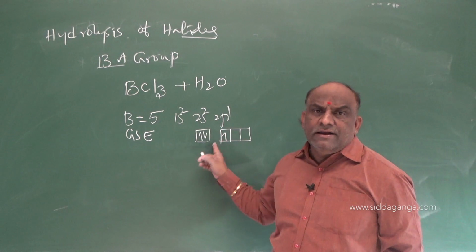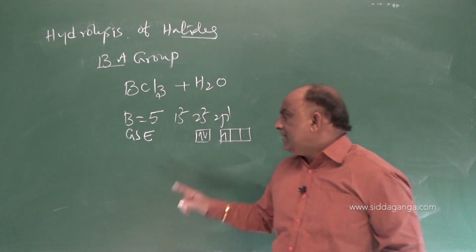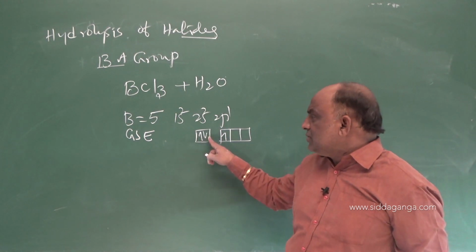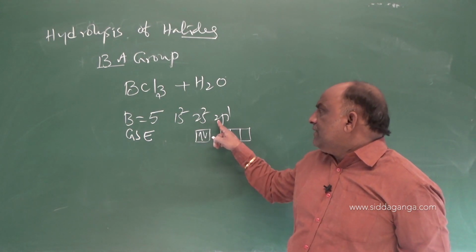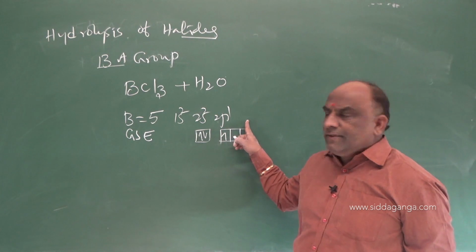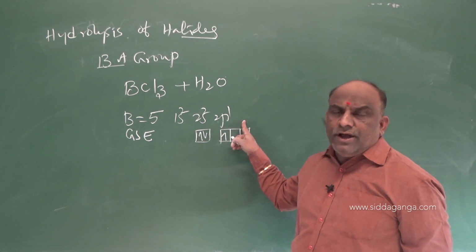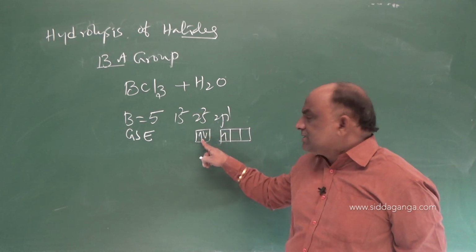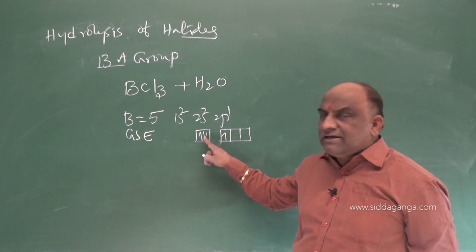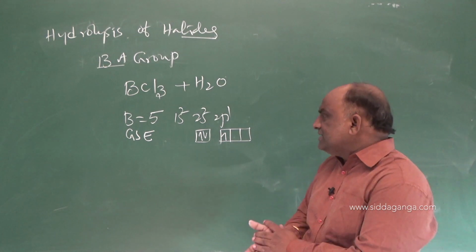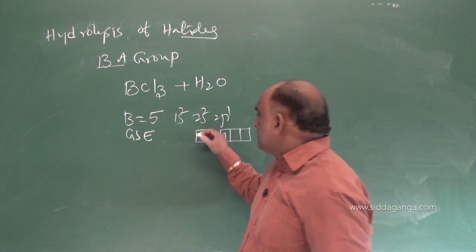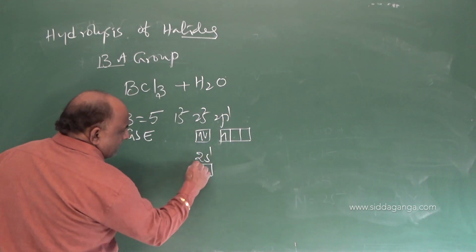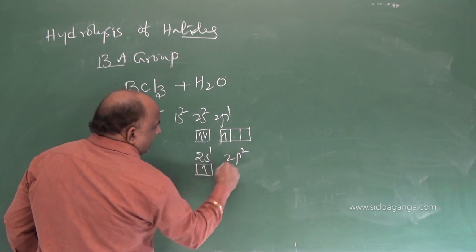Only one unpaired electron is present in the boron atom. Then this pairing electron is also there, and already we know there is no 2d orbital. Is it possible for 2d? 2d orbital is impossible, so here only 2p1. Then if this pairing electron gets sufficient energy, the electronic configuration we get is 2s1 2p2.